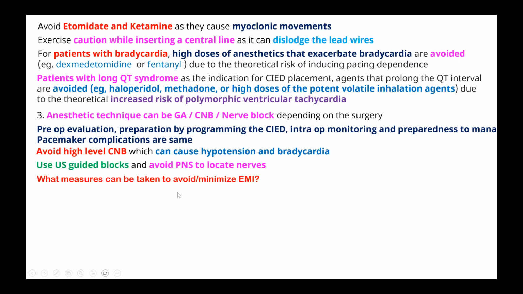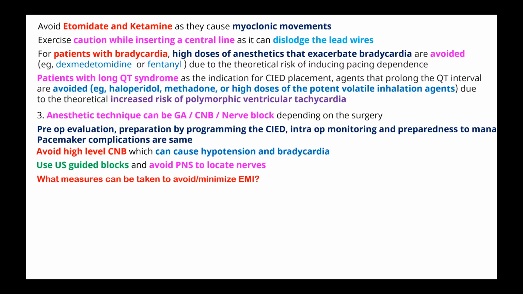And what measures can you take to avoid or minimize the electromagnetic interference, especially with the diathermy? Any idea? Supposing there is no bipolar available and the surgeon insists that he has to use only unipolar or monopolar diathermy, then what precautions do you have to take? We should keep the current away, 20 centimeters.